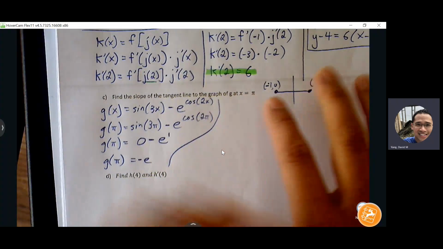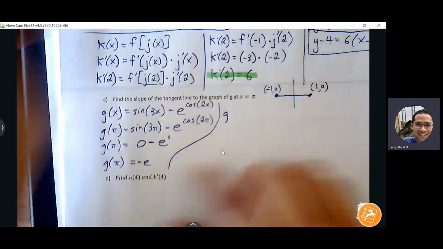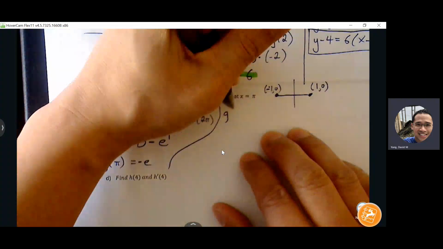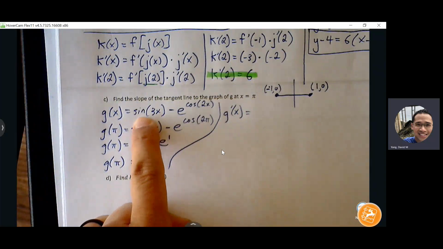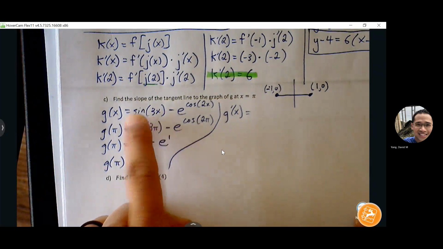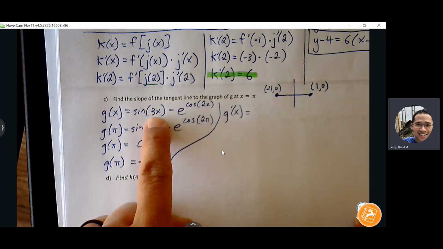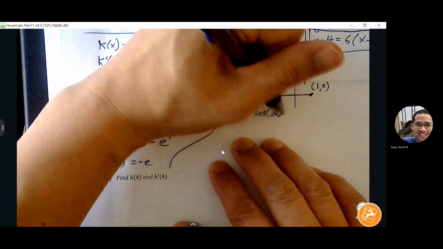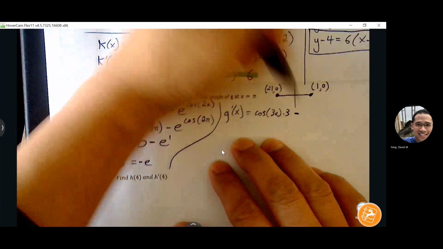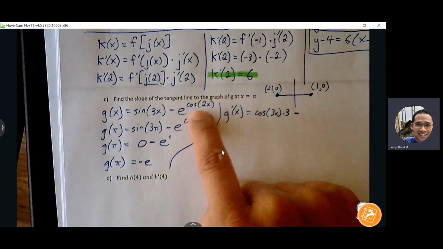Okay, so now we want to find g prime. Before we find g prime of pi, let's find g prime of x. So what's sine's derivative? Cosine of u times u prime. So chain rule there. What's e to the u's derivative?